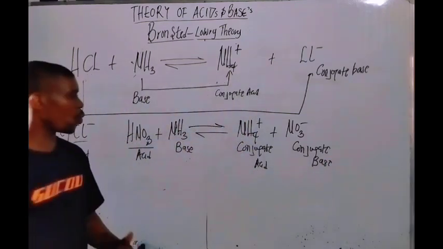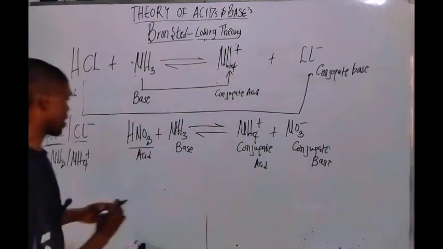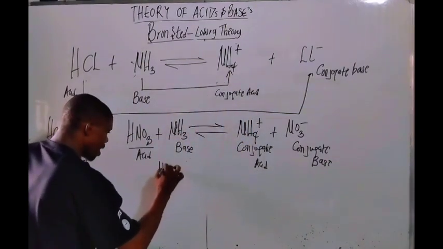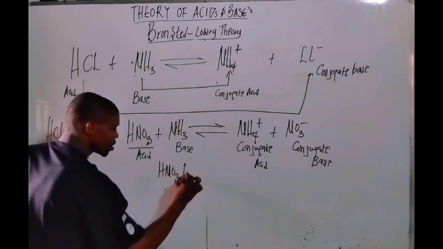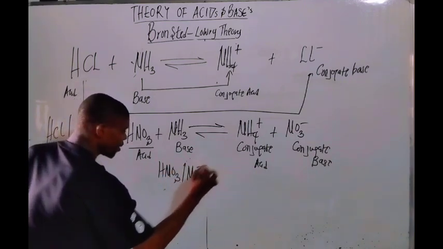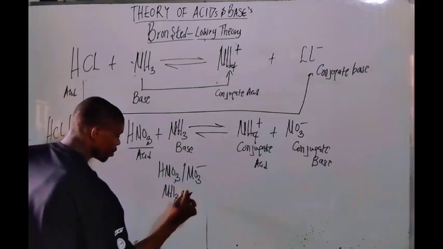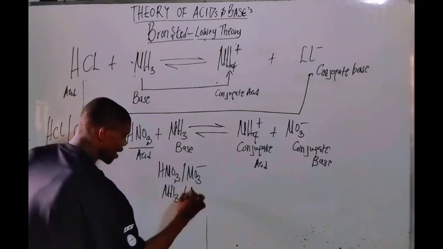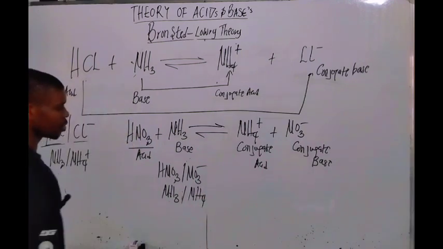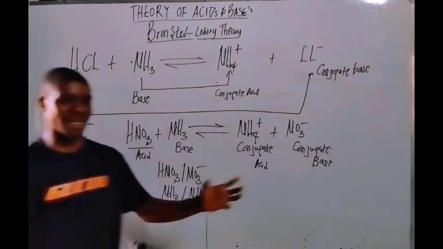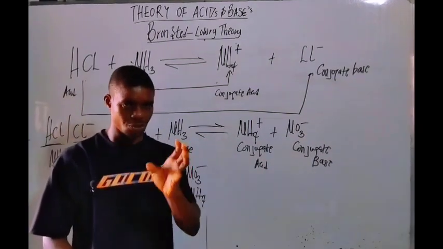Now, if you ask what the conjugate pairs are: HNO3 and NO3 minus are your conjugate pairs, and NH3 and NH4 plus are the conjugate pairs here. As easy as that. You can see how easy it is. It's not difficult. Do you understand?